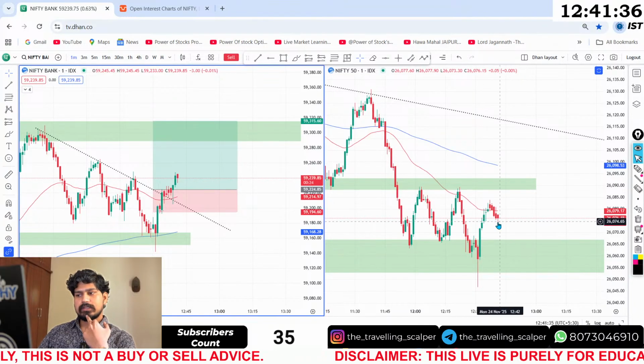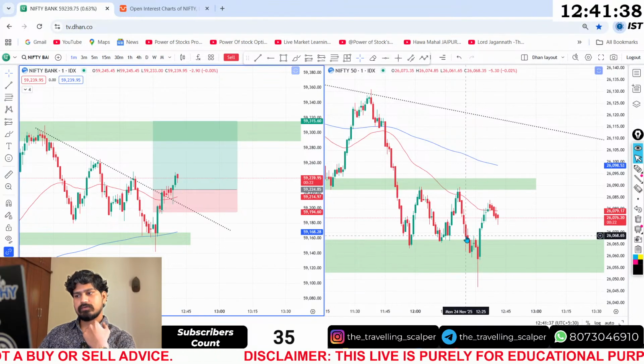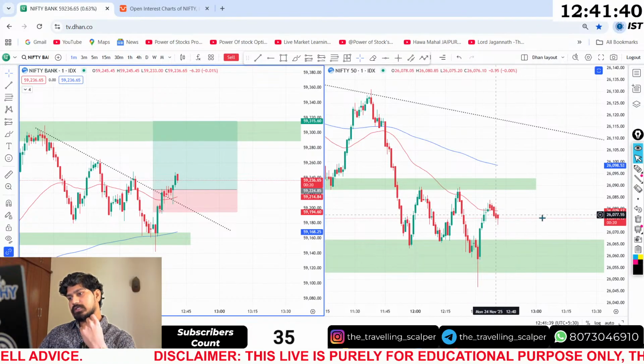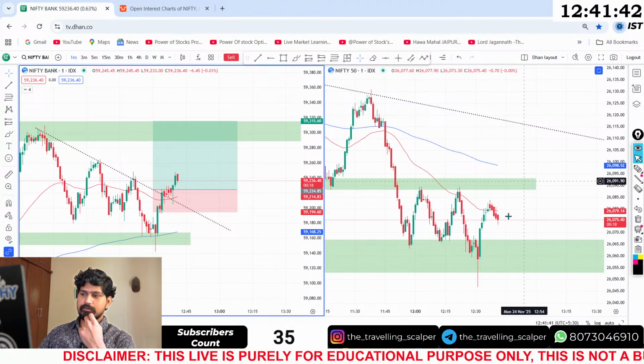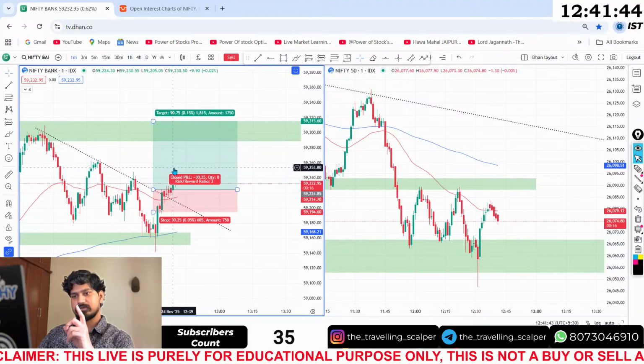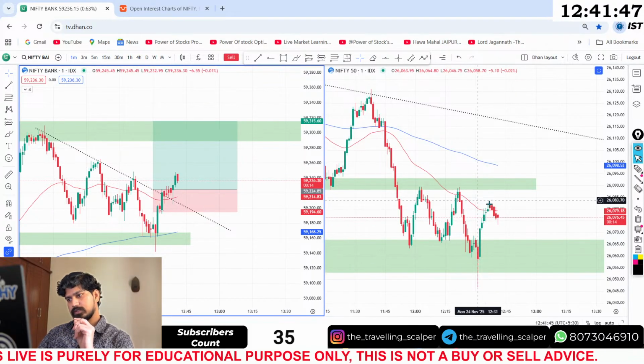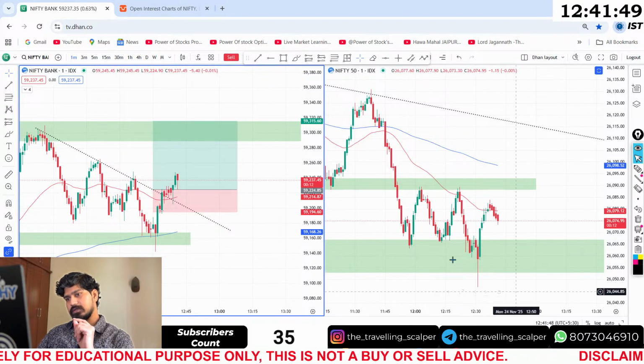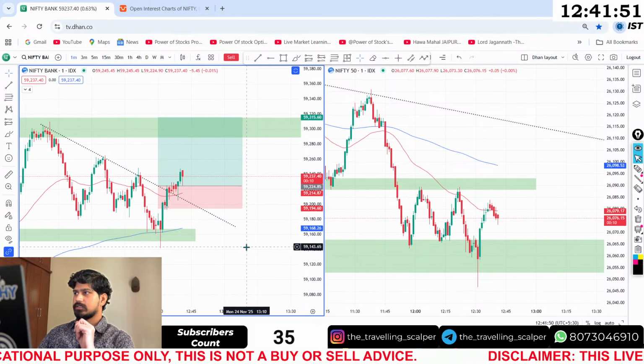Nifty should not fall. If Nifty falls, again Bank Nifty will also fall. So Nifty should take support and slowly go up or go sideways. Then Bank Nifty will get some support. If Nifty falls down, then Bank Nifty will easily take over a sell.